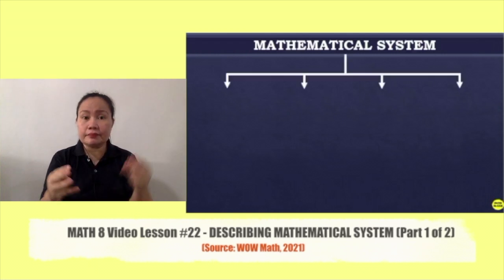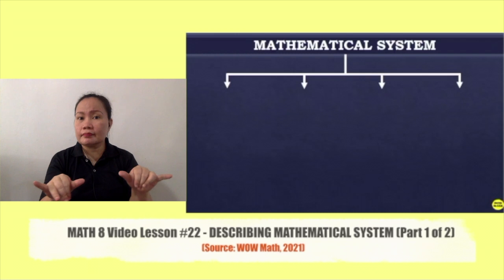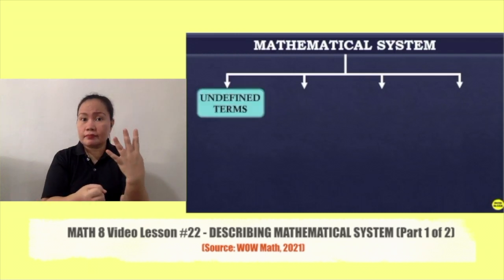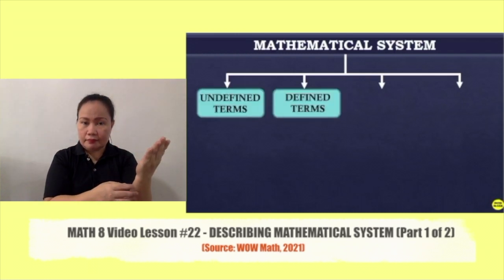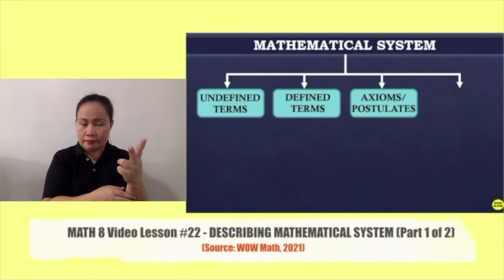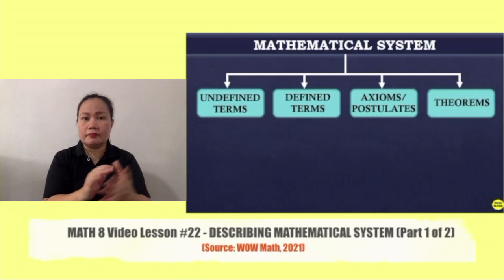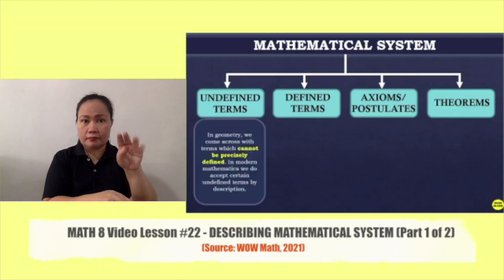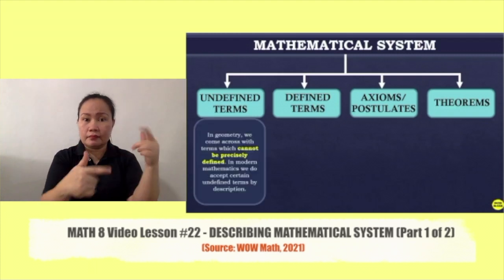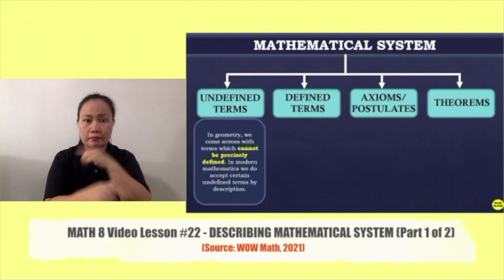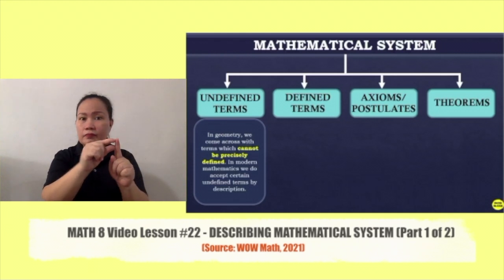So, a mathematical system is divided into four parts. We have the undefined terms, defined terms, the axioms or postulates, and the theorems. Now, under undefined terms, what are those undefined terms? In geometry, we come across terms which cannot be precisely defined.